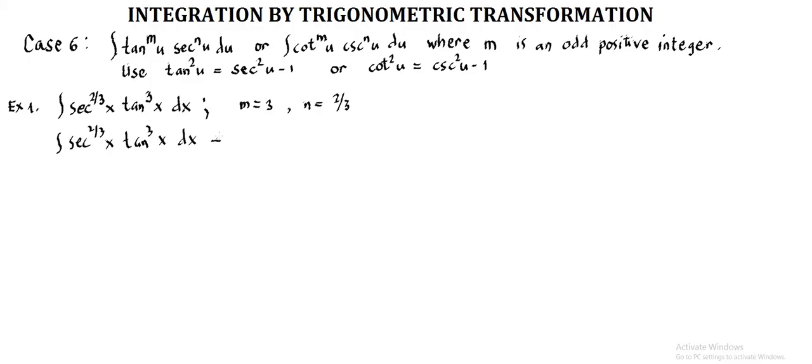So, equal din ito sa integral of tangent squared x. Ayan. So, dahil maglalabas tayo ng isang tangent x sa tangent cubed of x, magkakaroon tayo ng tangent squared x times tangent of x.